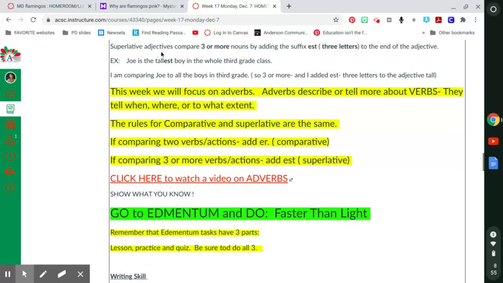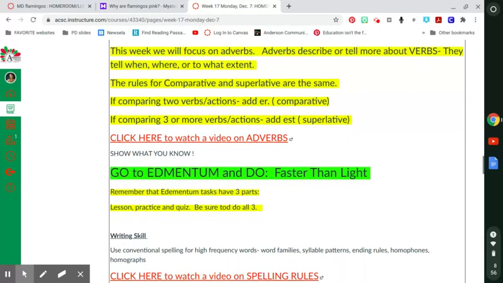For superlative adjectives, we're comparing three or more nouns, and we add the suffix est, three letters. Joe is the tallest boy in the whole third grade class. So I am saying that Joe is tall, but in comparing him to all the boys in the third grade class, so that is more than three, I added est to the adjective tall.